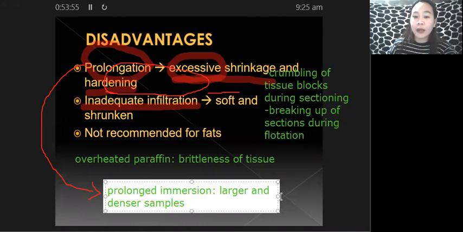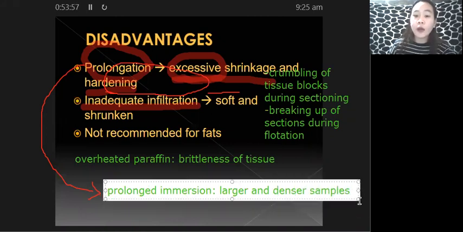So I repeat, if you are going to process larger and denser samples, prolonged immersion is unavoidable because that's the requirement for larger and denser samples. You have to perform infiltration longer. Right? That's the requirement.